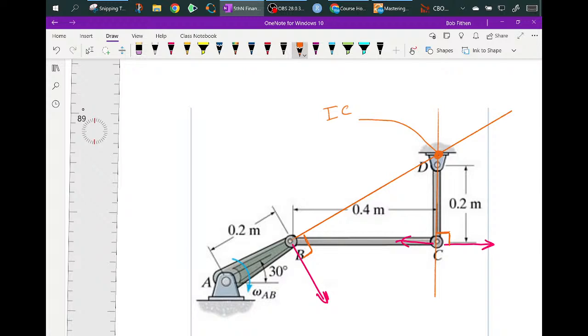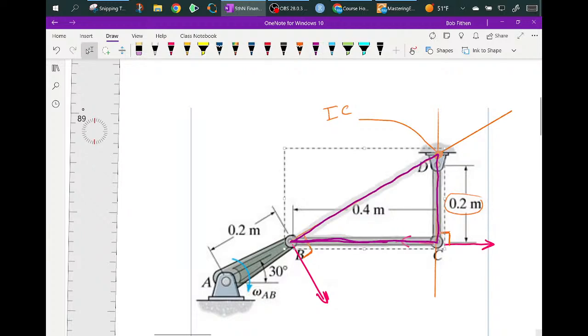Now, we have to understand that although this is 0.2, for the sake of our triangle, which I'm going to draw now in this purple, I'm going to come down here, and then I'm going to go over here. There's my triangle.